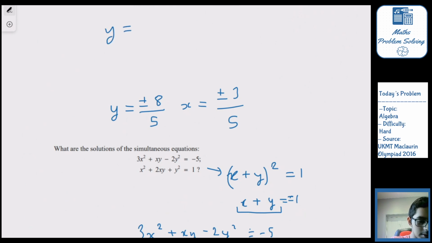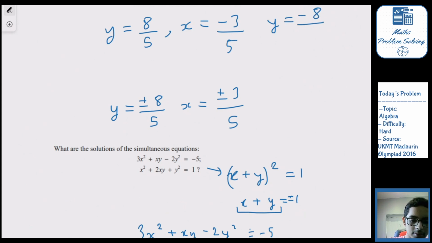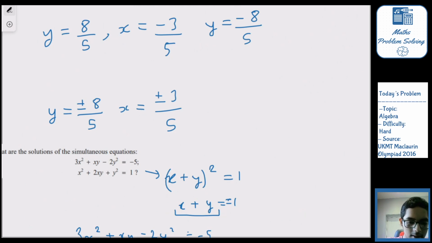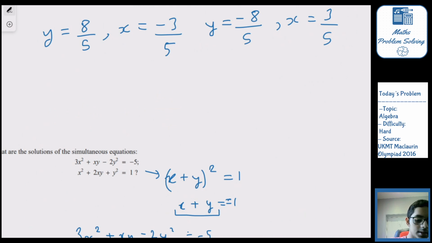So y equals 8 divided by 5, x equals minus 3 divided by 5. That's one solution. And the other one is when y equals minus 8 divided by 5, x equals positive 3/5. So we can rub this out here, and these are our two solutions.